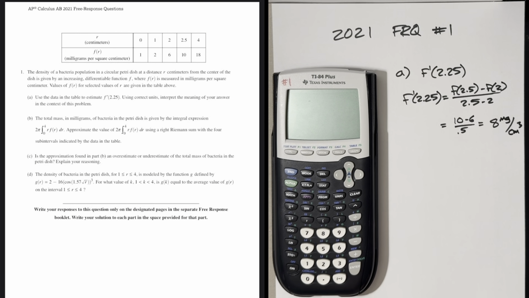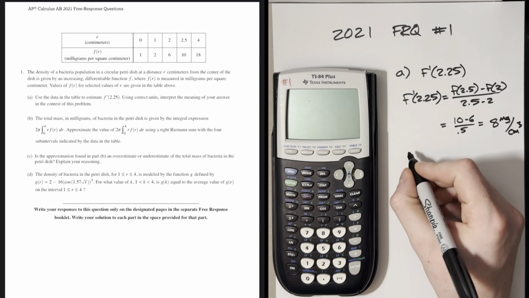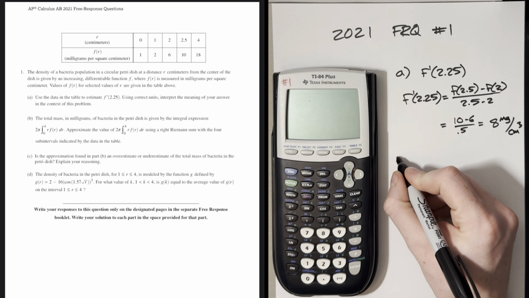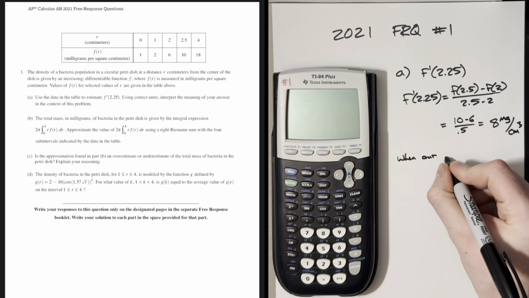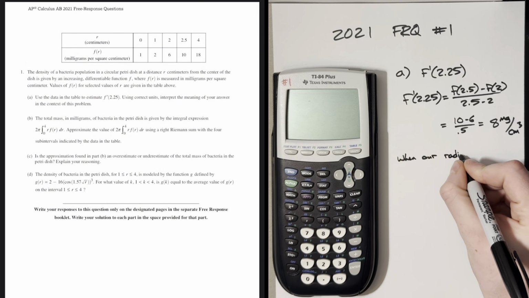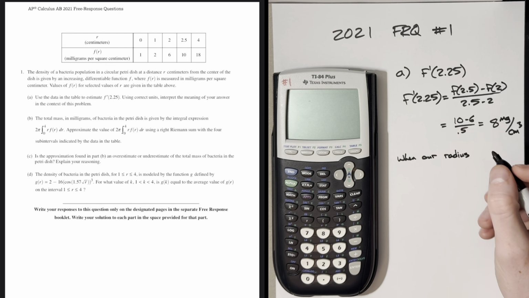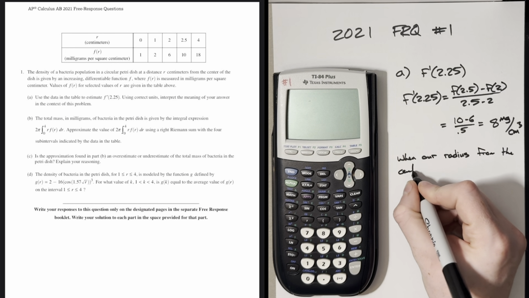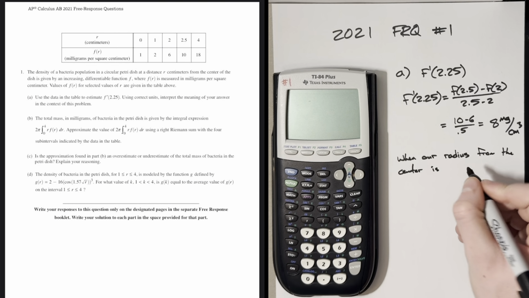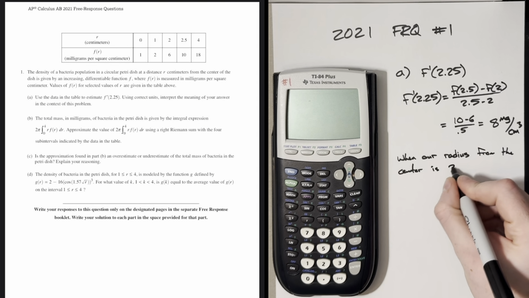Now, in the context of the problem, what we are saying is when our radius from the center is 2.25 centimeters, it's a rate of change, right?